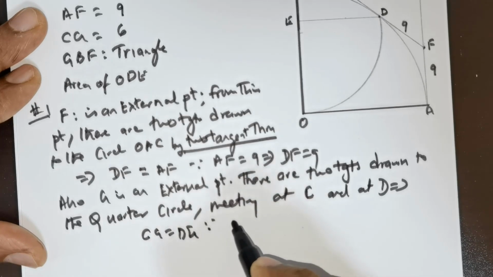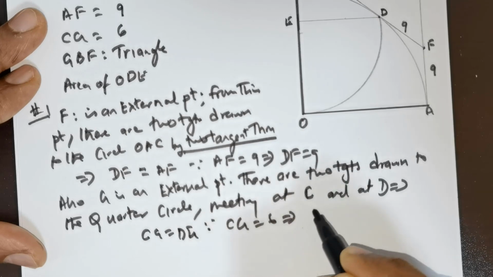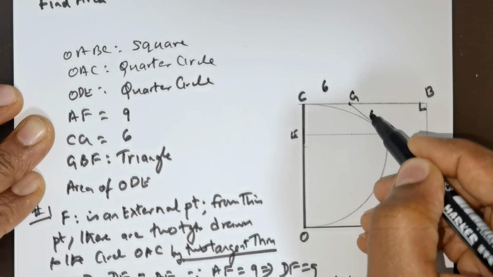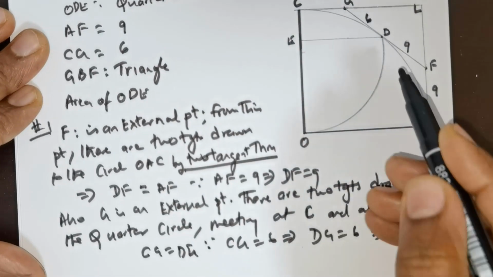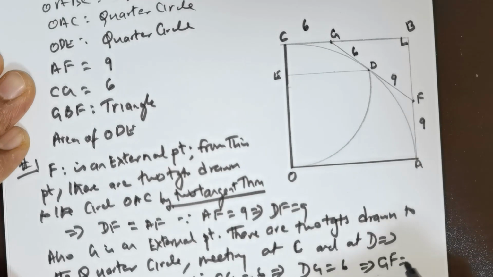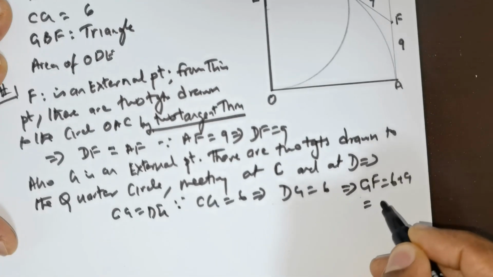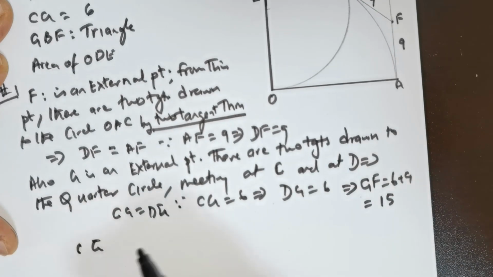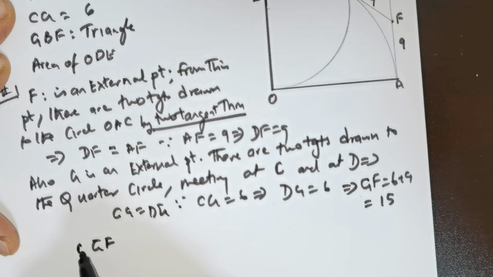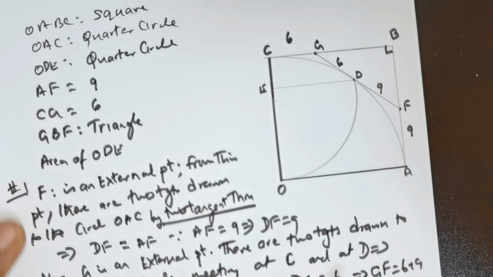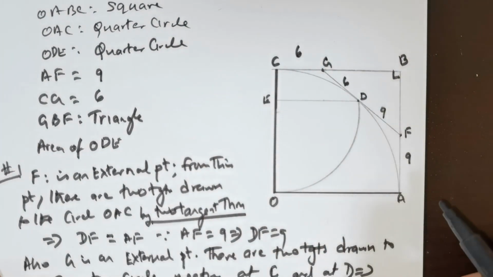Now since CG is 6, this means DG is also 6. So place that. This in turn would mean this entire line GF is 6 plus 9, which is equal to 15 units. So you can place that. GF is equal to 15 units. Fine. So we have got the hypotenuse side.